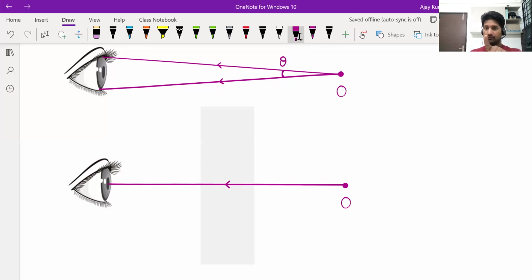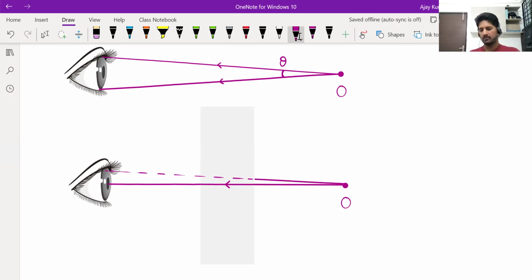Fine. But with one ray, our eye or our brain cannot interpret how far the object is from our eye. We need an angle of divergence, so we need at least two rays. So let's consider another ray traveling like this. Let me show the original direction of propagation of the ray. The original direction of propagation was like this.